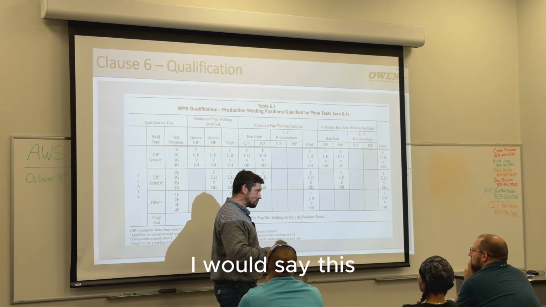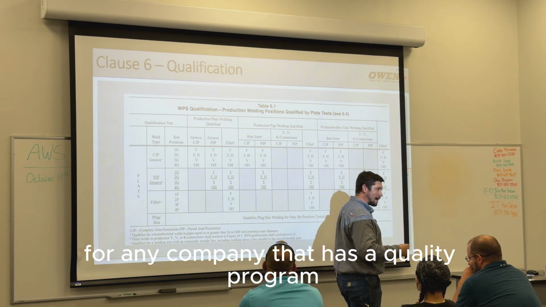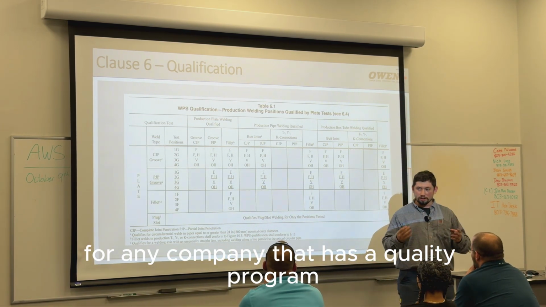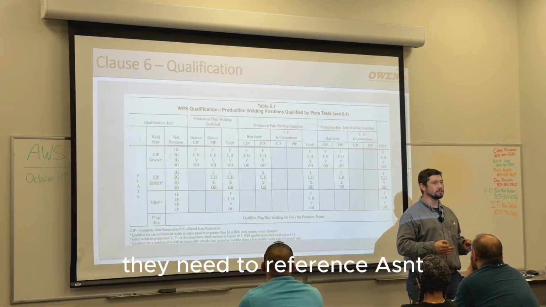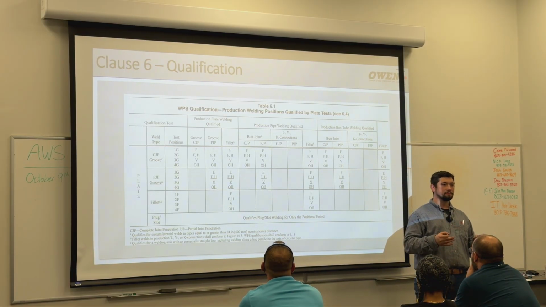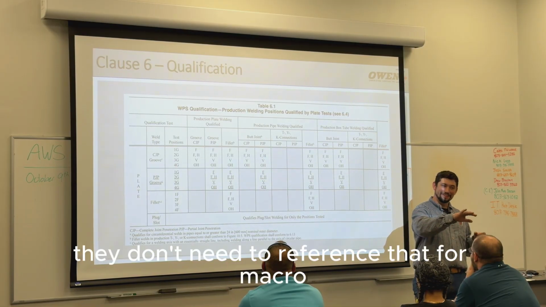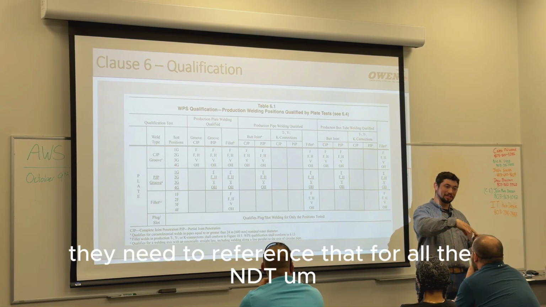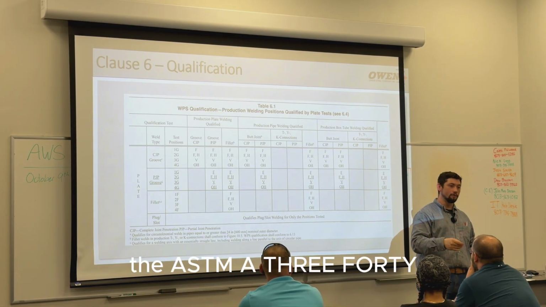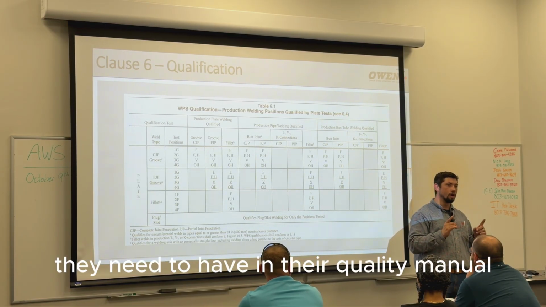I would say this, for any company that has a quality program, they need to reference ASNT, well, no, they don't need to reference that for macro. They need to reference that for all the NDT. The ASTM A340, they need to have in their quality manual.